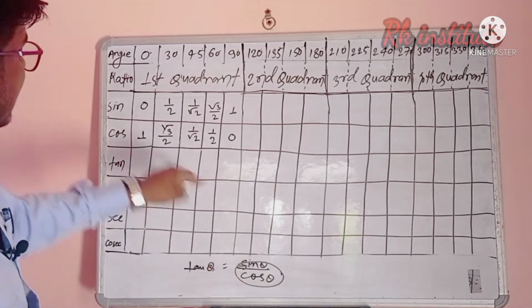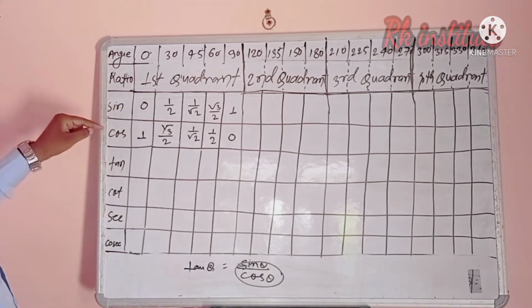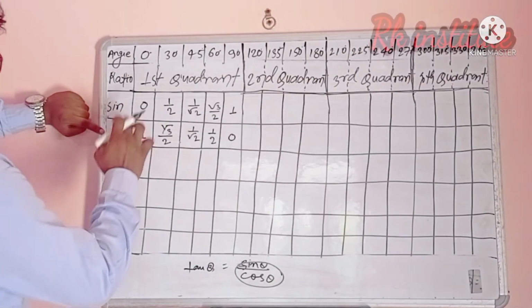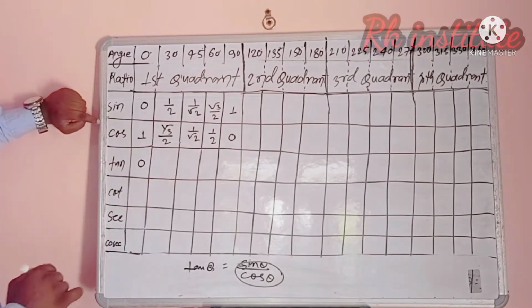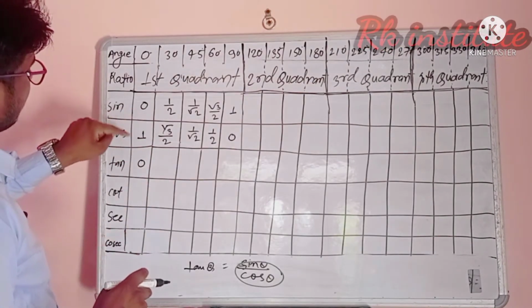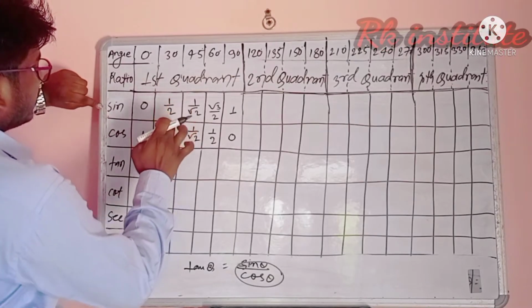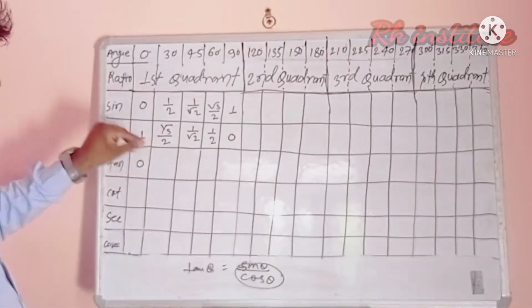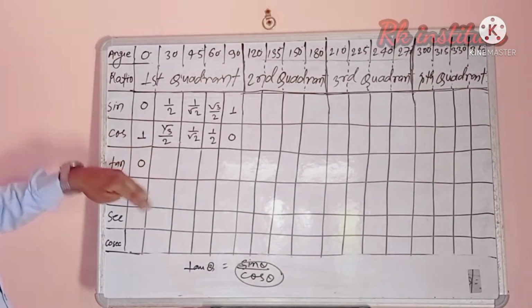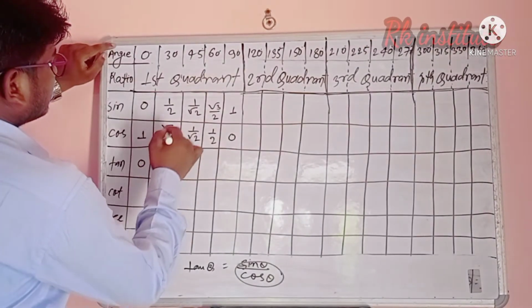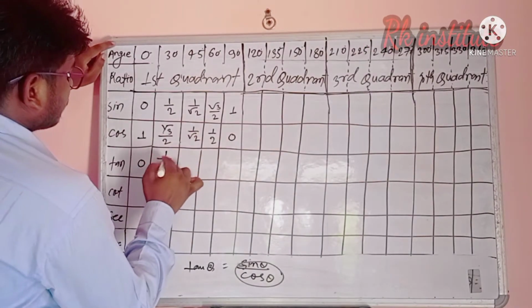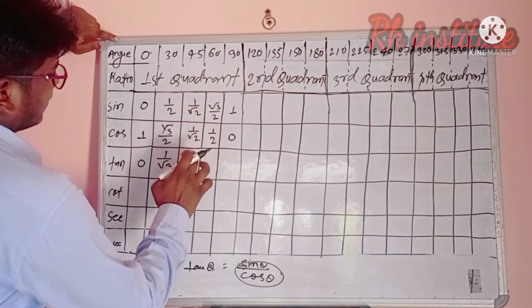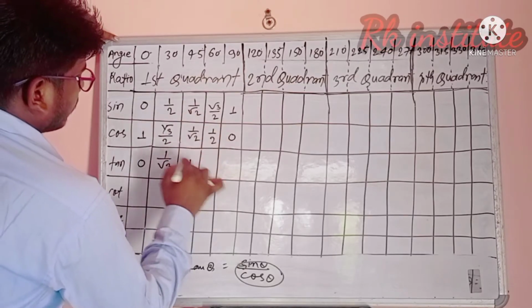We have to divide sin by cos. 0 divided by 1 is 0. Then 1 by 2 divided by root 3 by 2: the 2s cancel, so it means 1 by root 3.